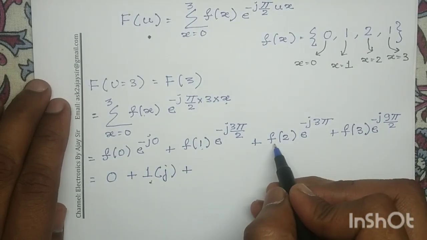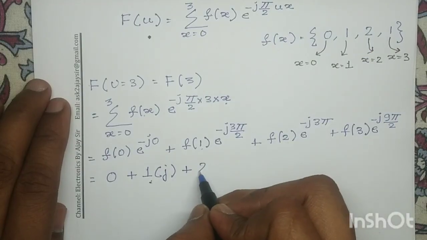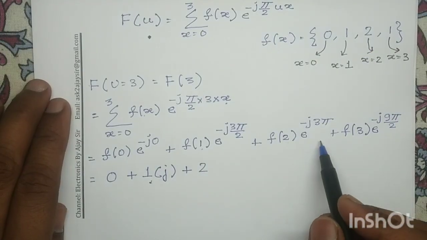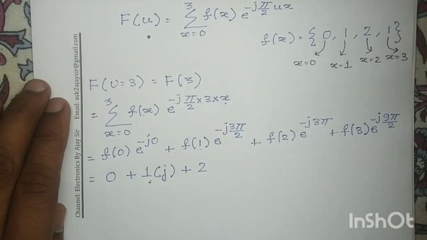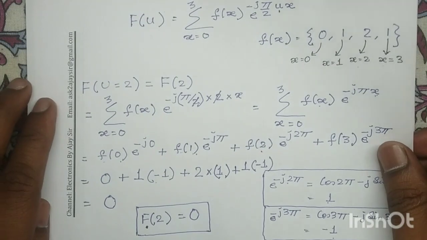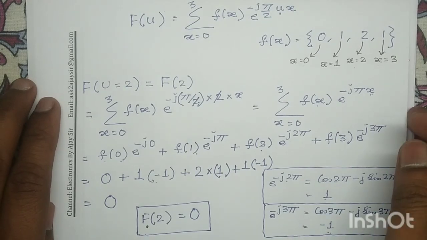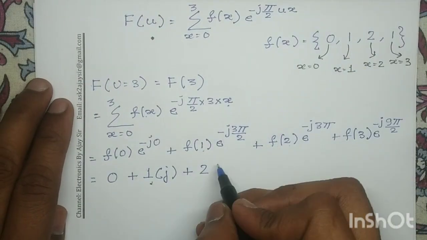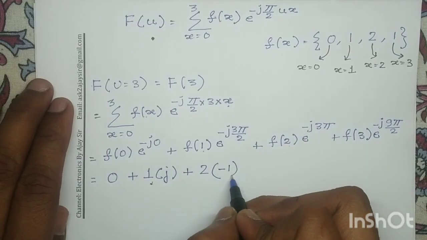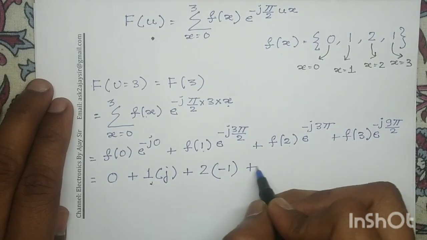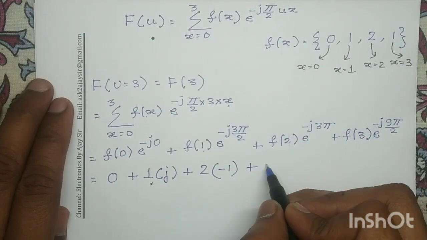Next, f of 2 is 2, times e to the power minus j 3 pi, which is evaluated to be minus 1. So I will substitute minus 1, plus f of 3, which is 1.